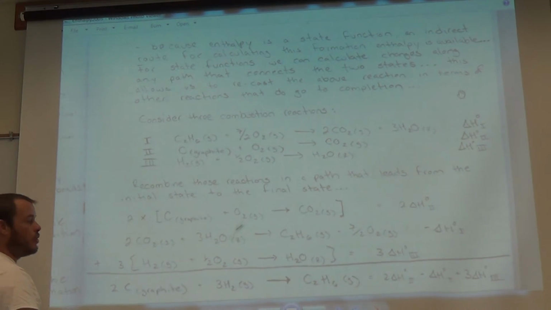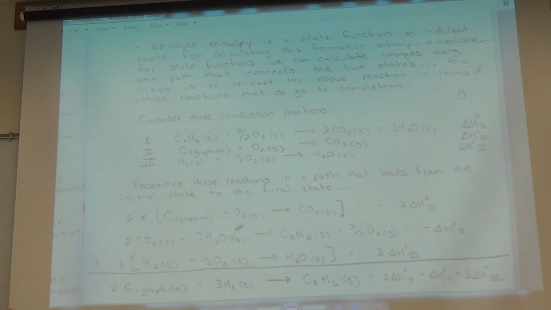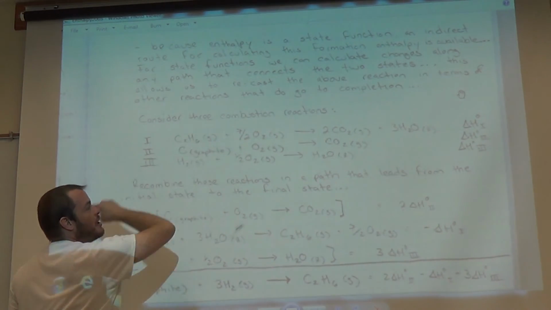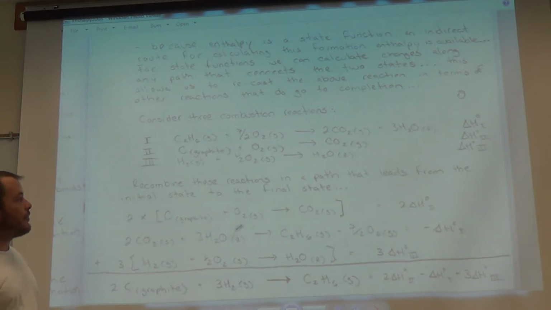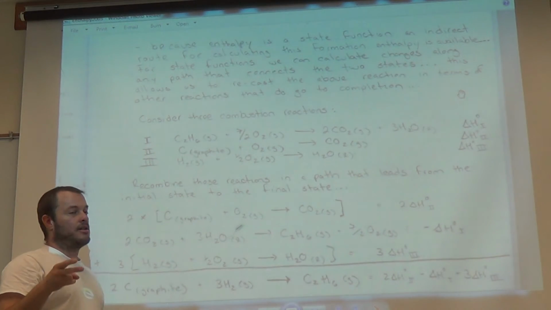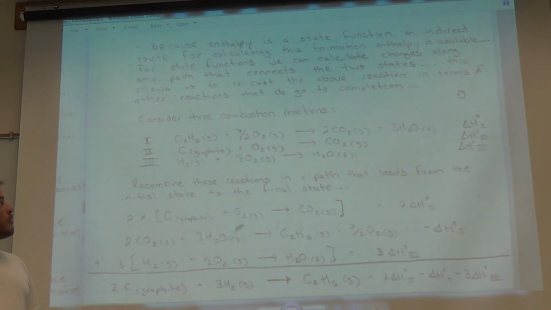We originally wanted to know what is the formation enthalpy of ethane. If we take some ethane and we combust it, right? Blow it up, turn it into carbon dioxide and water, we can calculate the delta H of that reaction. And we'll be fairly certain that that is in fact the delta H that we're looking for, because the combustion reactions go to completion.